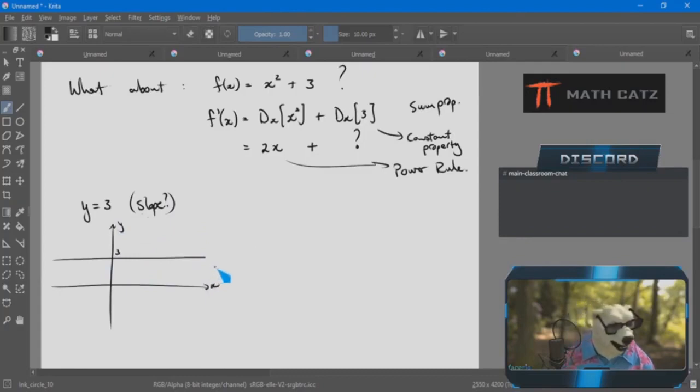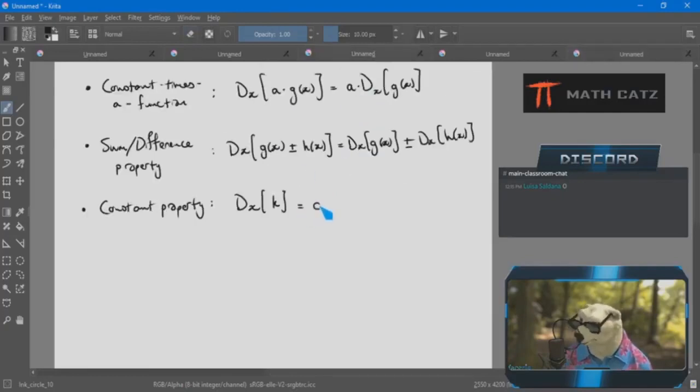What is the slope of a horizontal straight line? It's 0. So it's not hard to convince yourself that the derivative of a constant should be 0. Because that's a horizontal straight line. Constant function, 0 slope. We've already seen that.